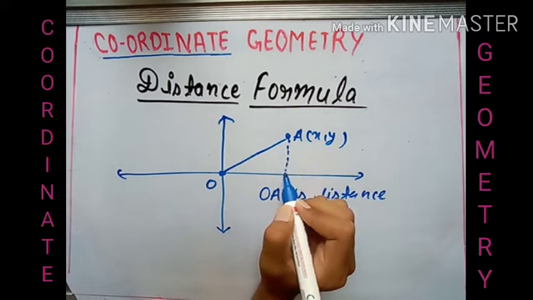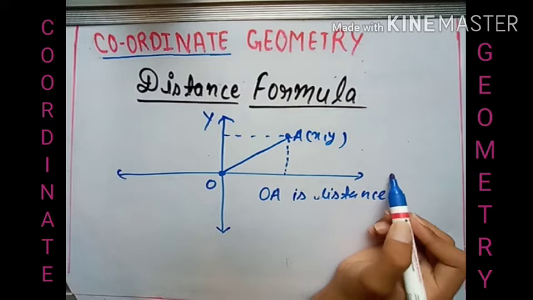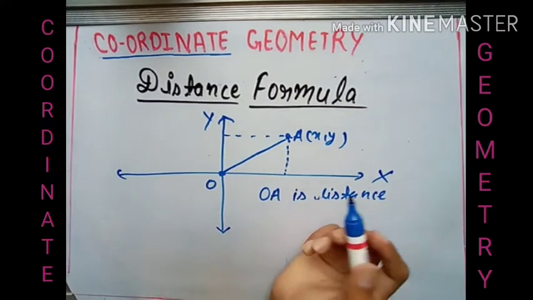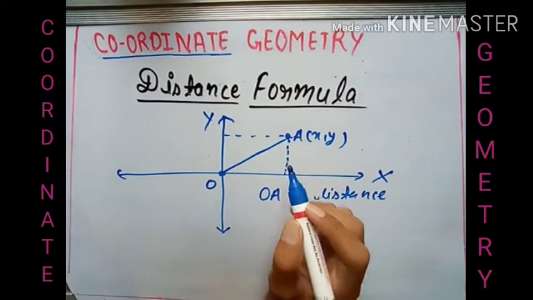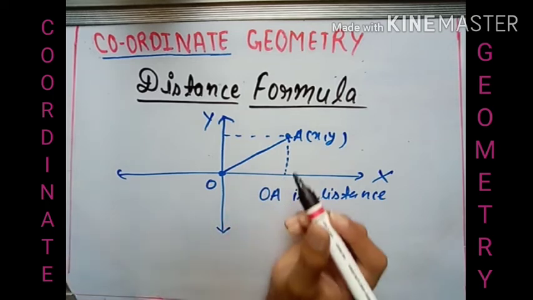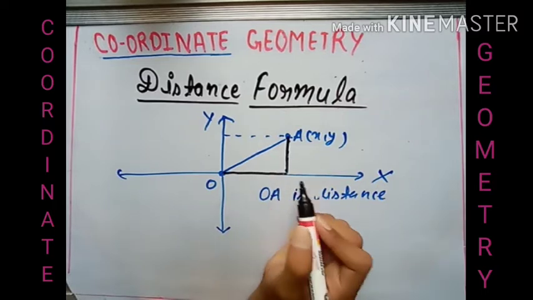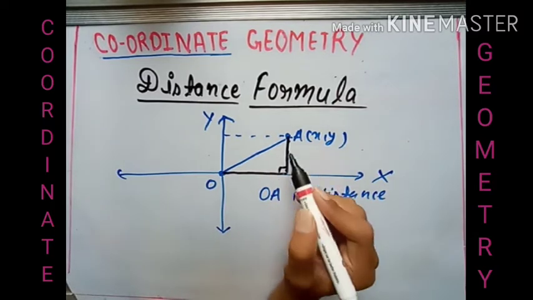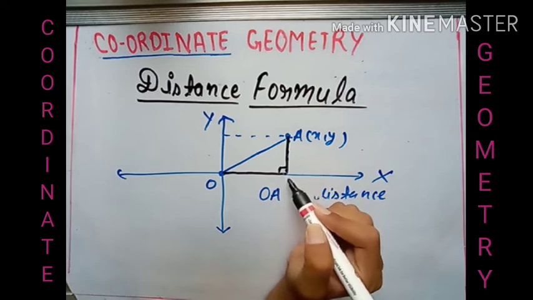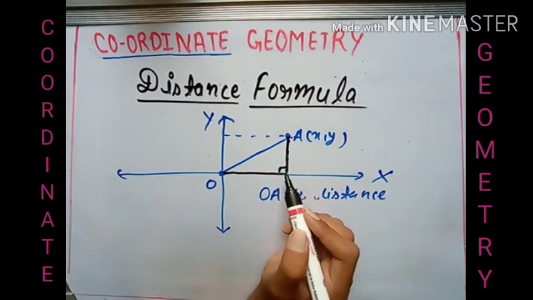Again, draw the perpendicular on the y-axis and x-axis. As you draw the perpendicular, you can see clearly that a triangle is made here, and this is a right angle triangle. Of course, the perpendicular you dropped to the x-axis, so it will be a right angle triangle.